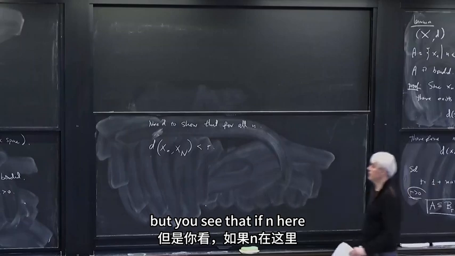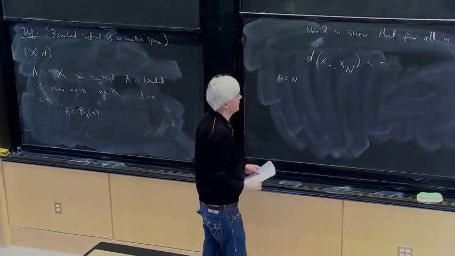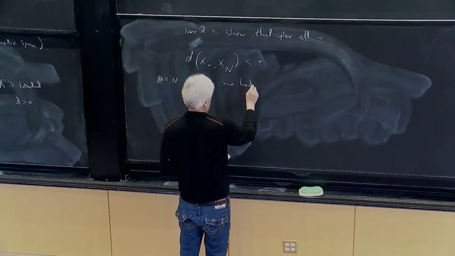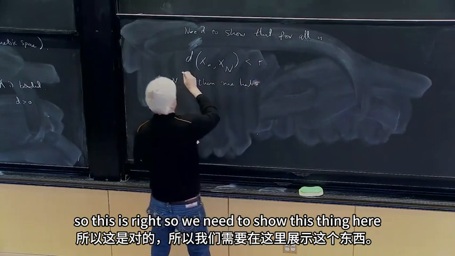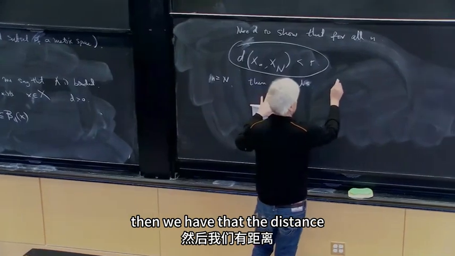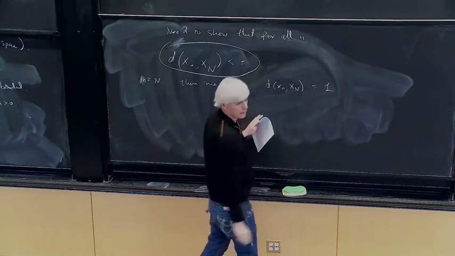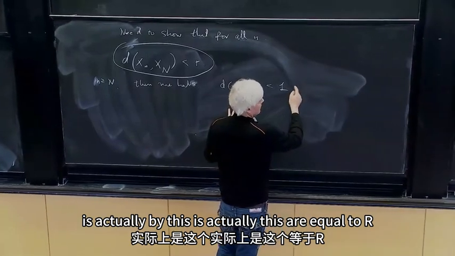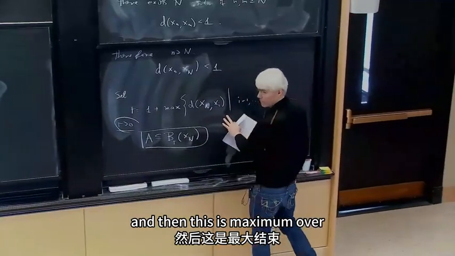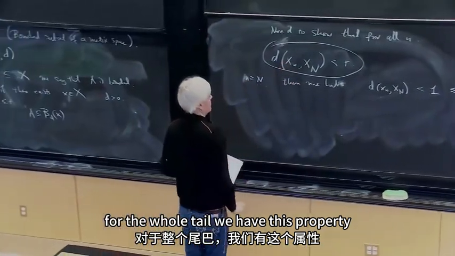But if little n is bigger than capital N, then the distance from x_n to x_N, the tail, was less than 1. And this is actually less than or equal to r, because r was 1 plus this maximum, and the maximum is over non-negative numbers, right? So for the whole tail, we have this property.